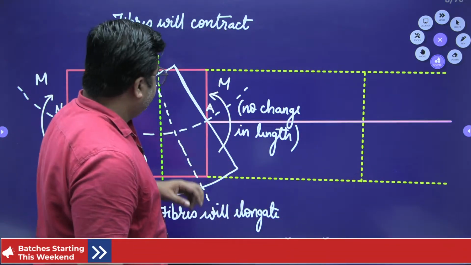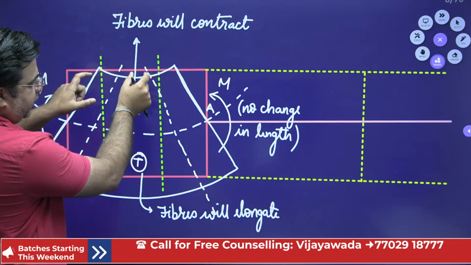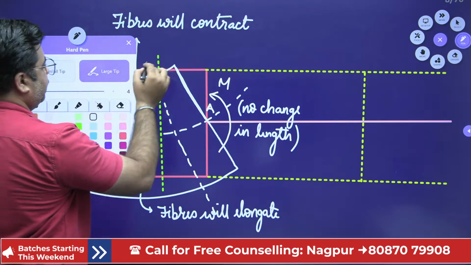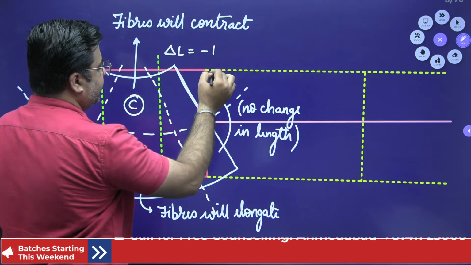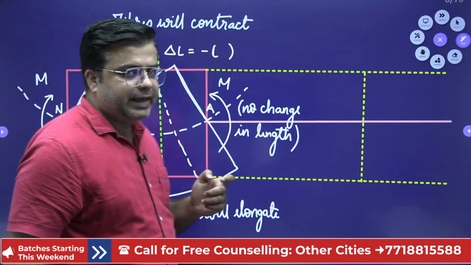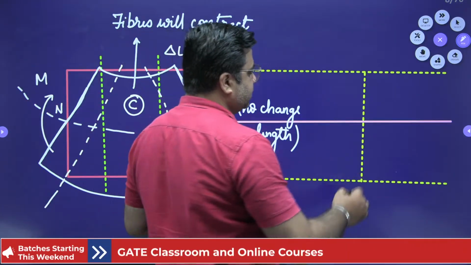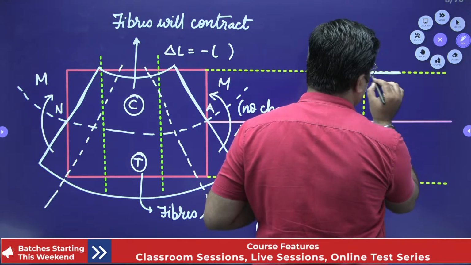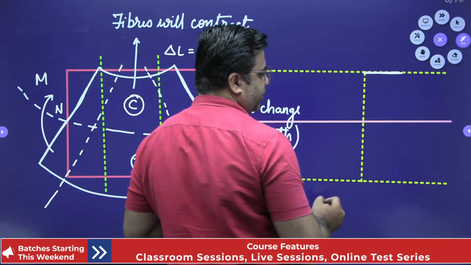Okay. These fibers are under compression, so they are reducing, right? The change in length is negative. For these top fibers, their delta L is negative, right? If delta L is negative, then the strain will also be negative, and these strains will be plotted like this, right? So this is the strain that is happening in the top fiber.